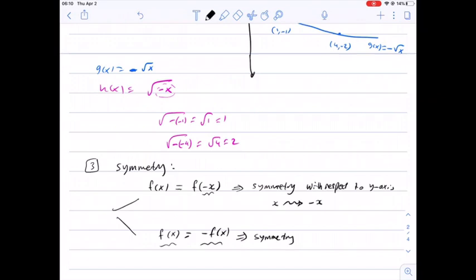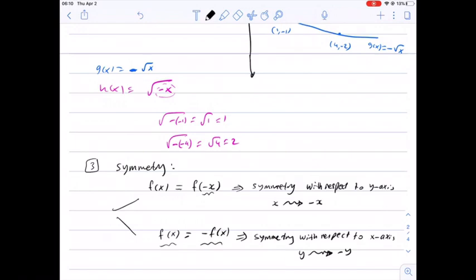So this is called symmetry with respect to the x-axis. So here y becomes negative y, and that will not affect the graph. We still have symmetry in this case.